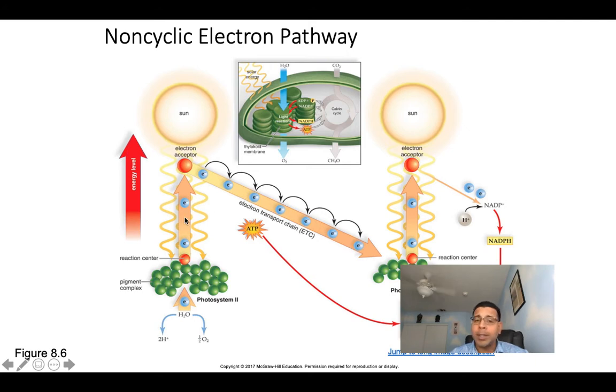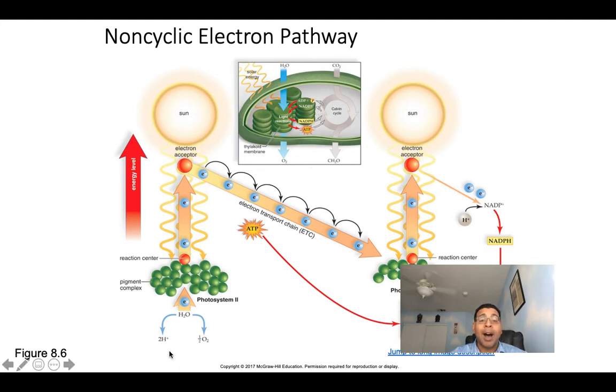Photosystem 2 would disintegrate without replacement electrons. These replacement electrons are provided by water, which splits, releasing oxygen to the atmosphere. Many organisms, including plants and even ourselves, use this oxygen.